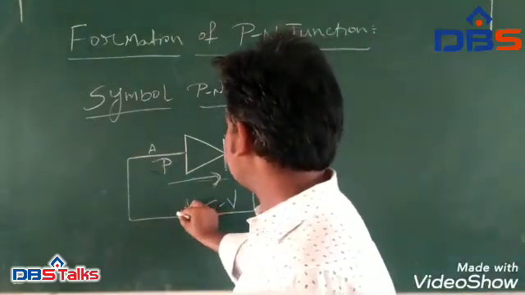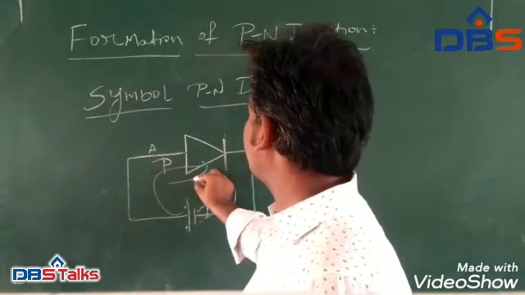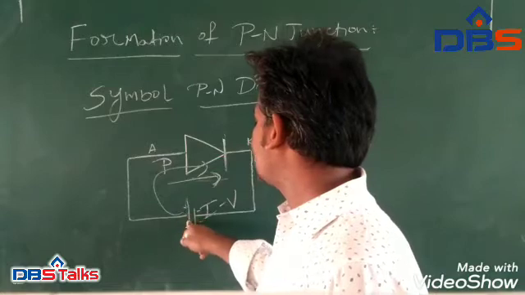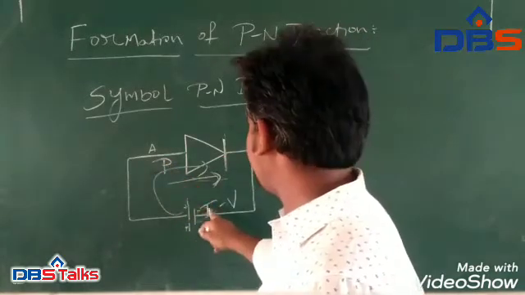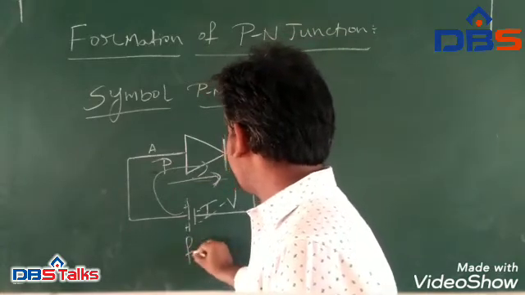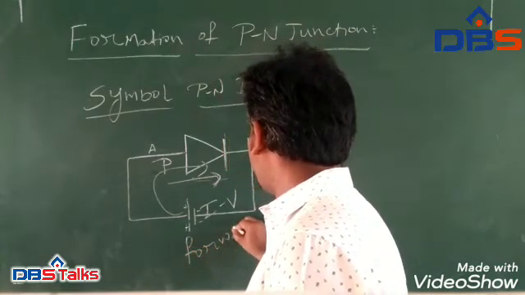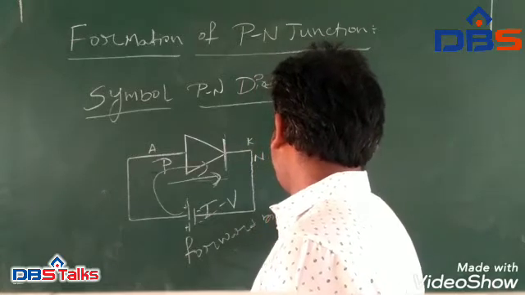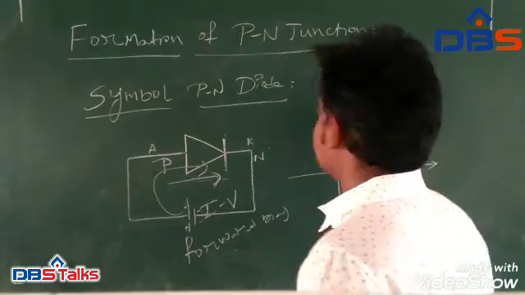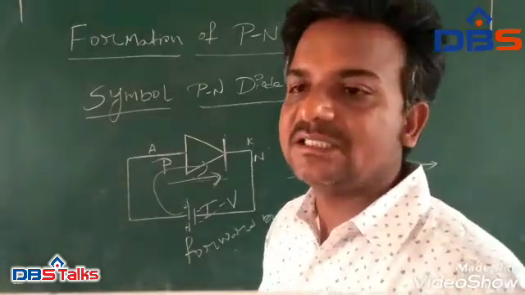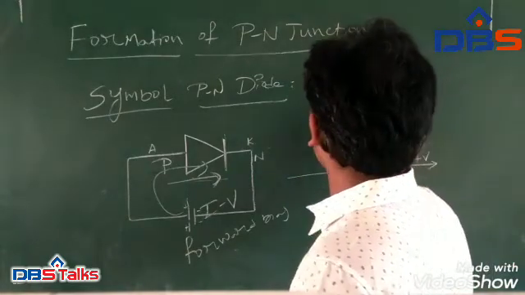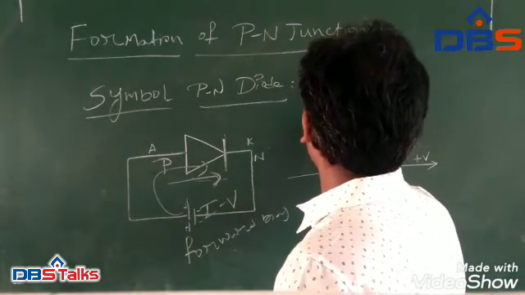Whenever we increase the voltage, that means whenever we apply the positive terminal to the P type and the negative terminal to the N type, the diode is in forward bias. Now we can draw the relationship, with the voltage on one axis and the current I on the other.